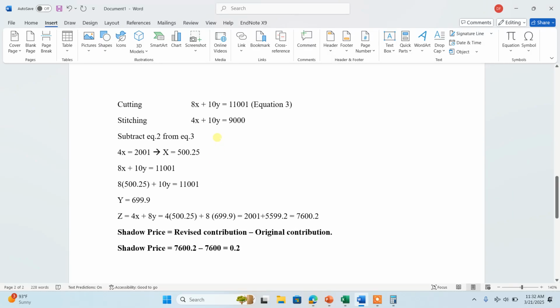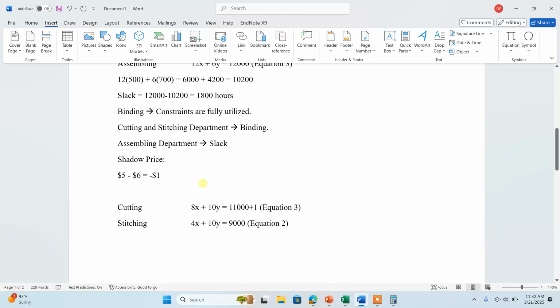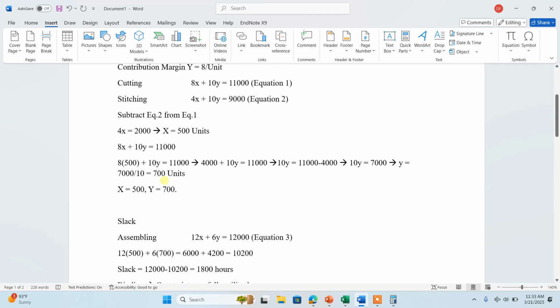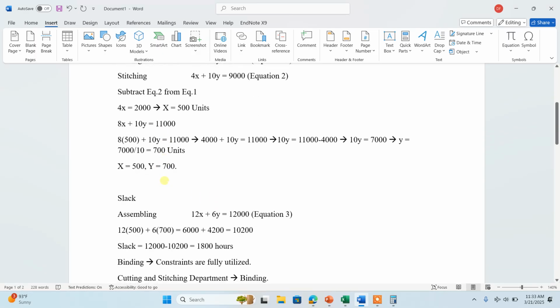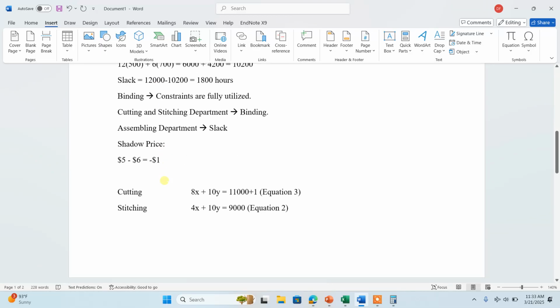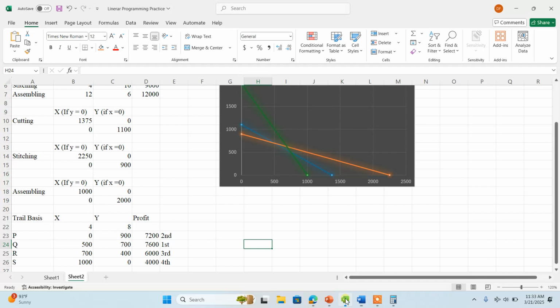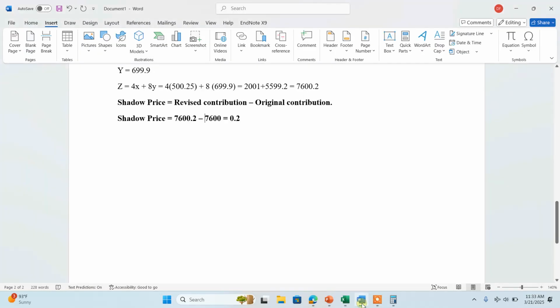We did it in the Excel earlier. So now the shadow price is 0.2.